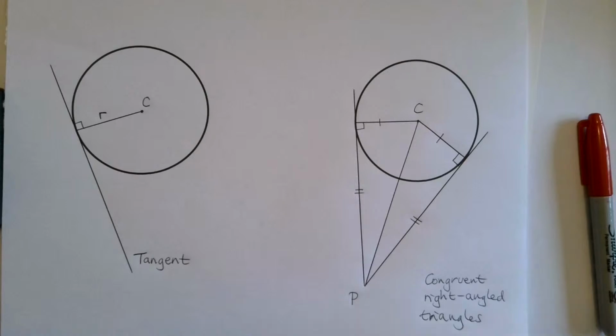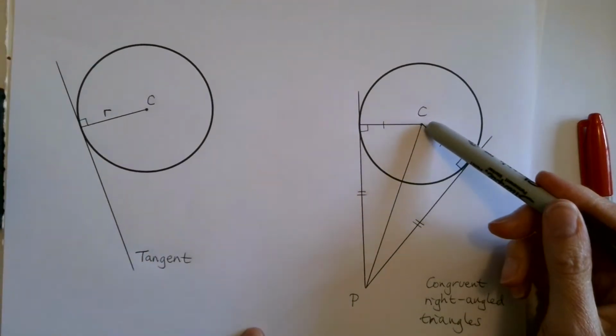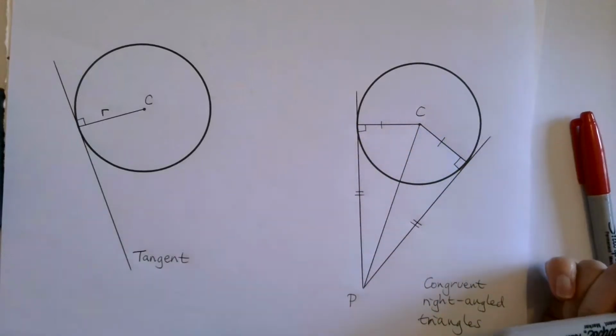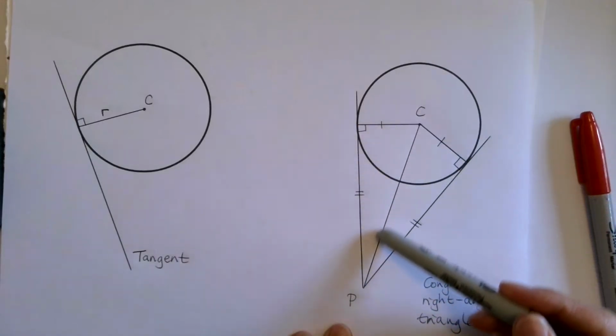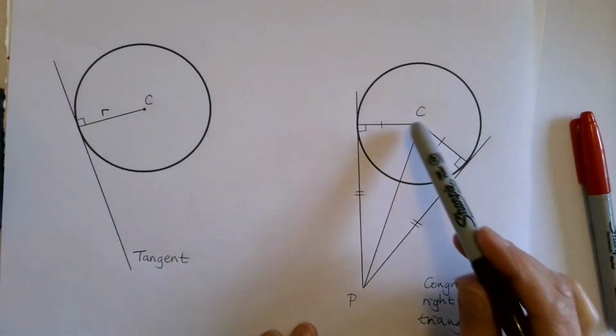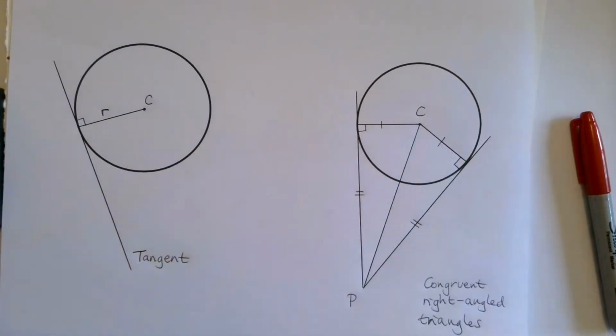What I mean by that is that they've got this side in common. They both have a radius of the circle. They share this side, so the other side must be the same. So in other words, these two triangles have exactly the same sizes in terms of angles and lengths. Those are both right angle triangles. So that can be important when looking at circles.